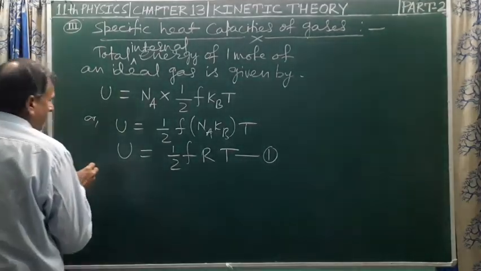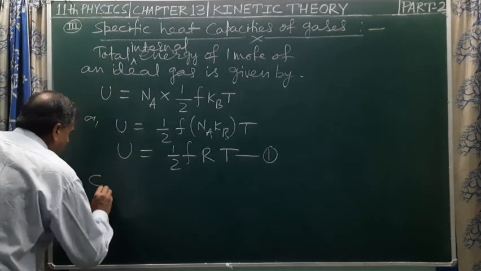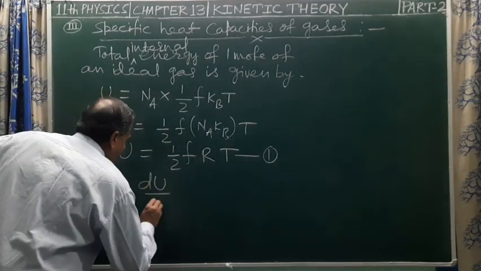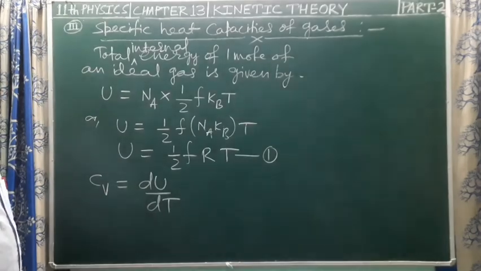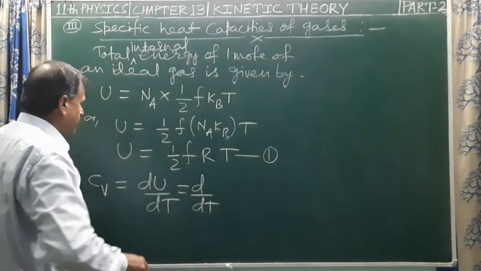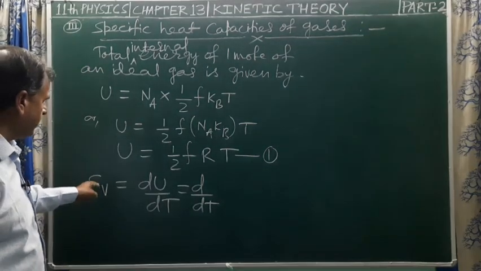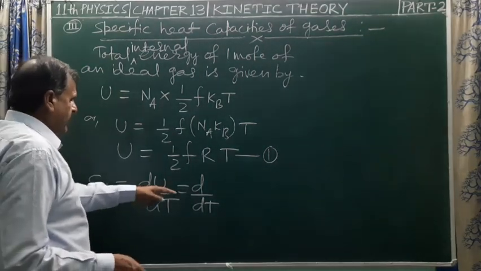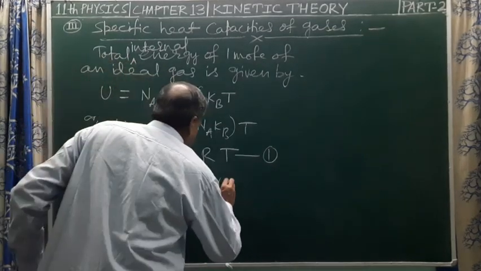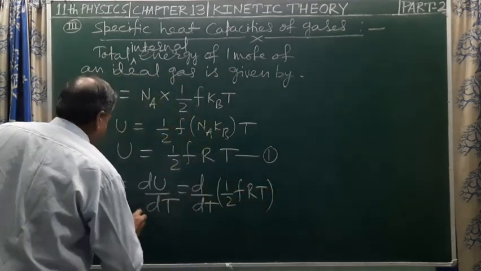Now Cv, the specific heat capacity of a gas at constant volume, is Cv equal to dU upon dT, where T is the absolute temperature of the gas. U is the total internal energy of 1 mole of an ideal gas, 1 by 2 f RT.